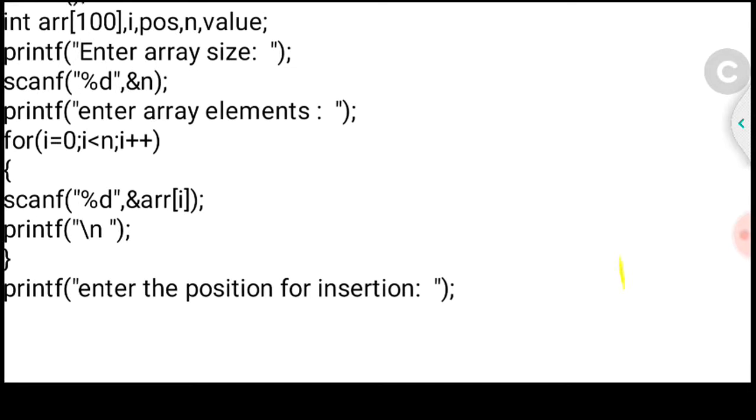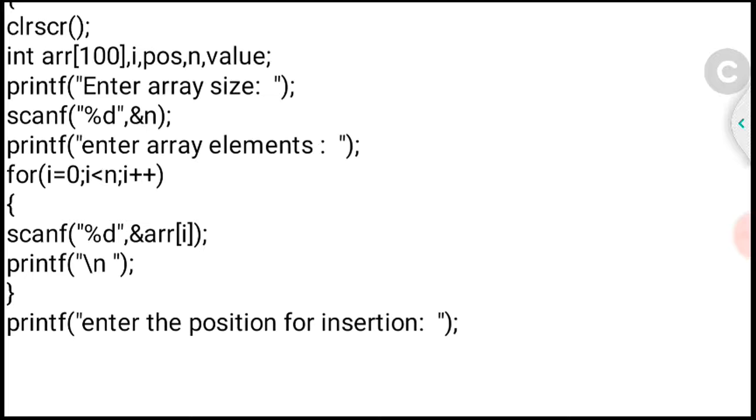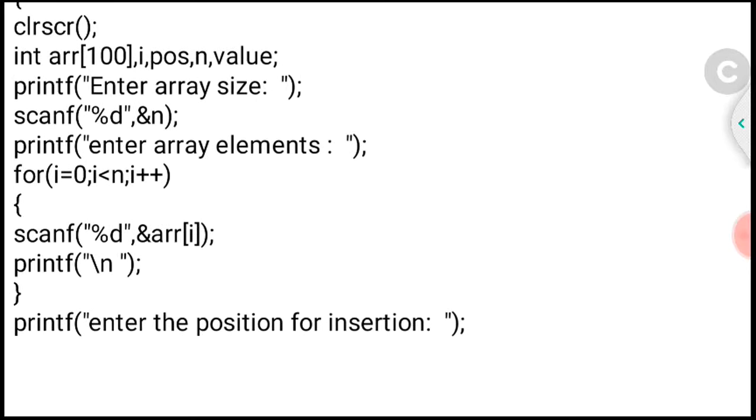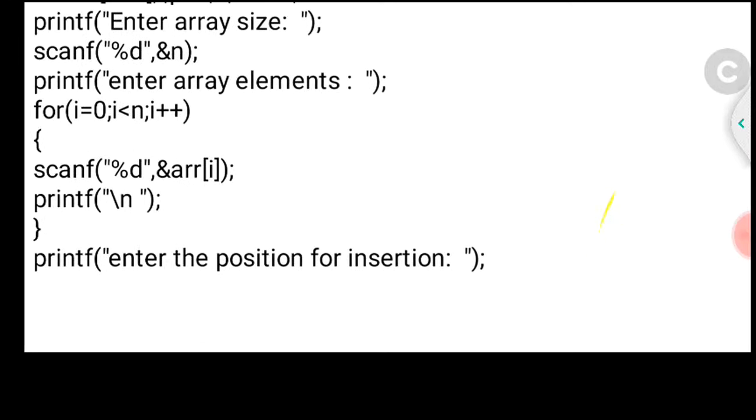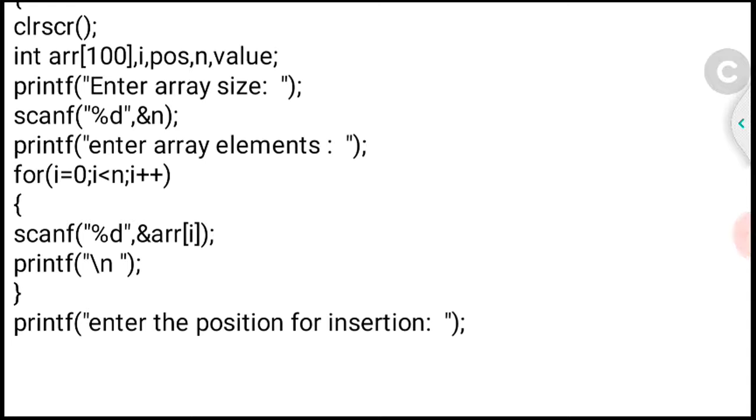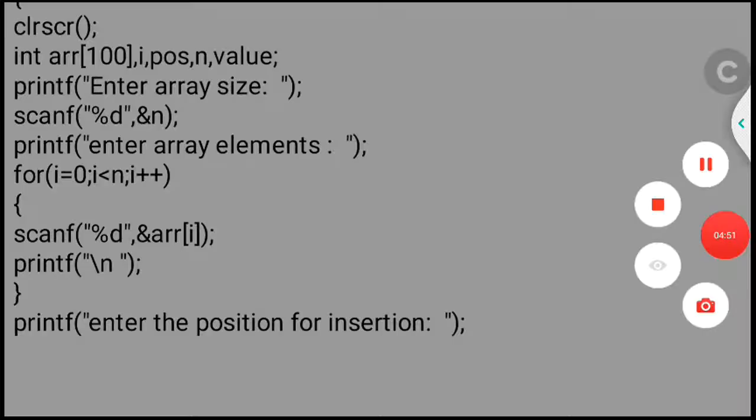Okay, and we are accepting and storing those values by using a for loop. The loop will start from 0, or you can start from 1 also. It will run till the last element, that is n, and I will increase simultaneously. And we are accepting 4 values from the user. As you can see here, we are asking the user to enter the position for insertion, at which position the user wants to insert an element or the value.